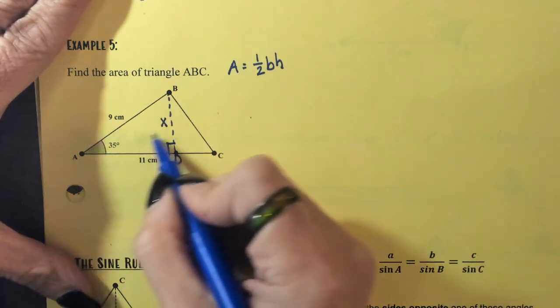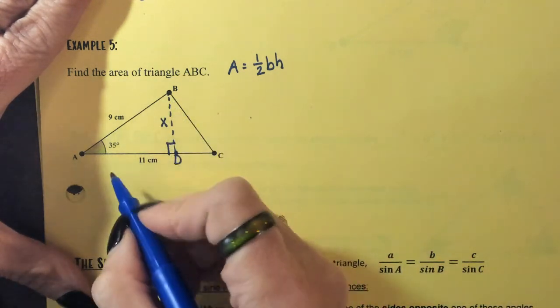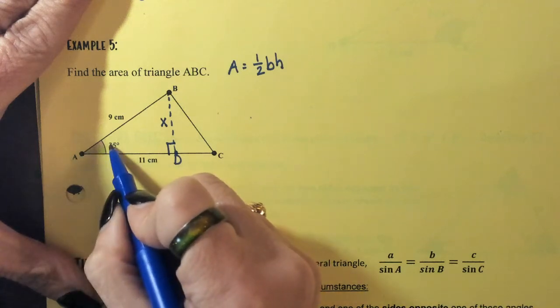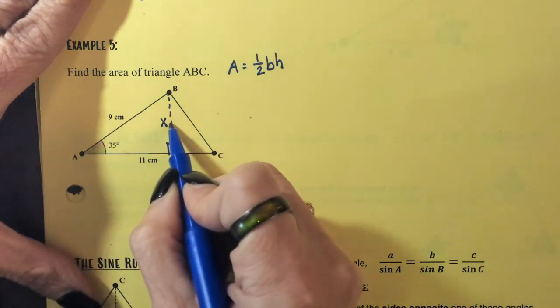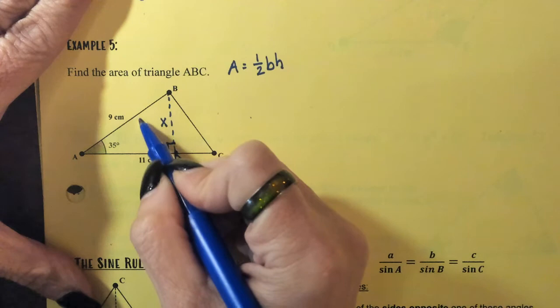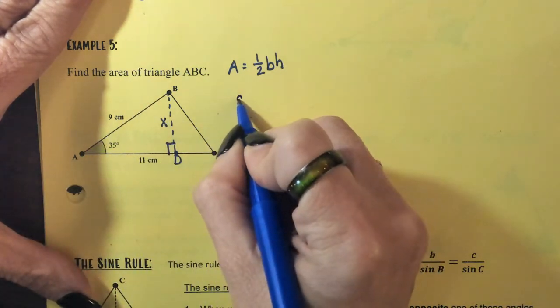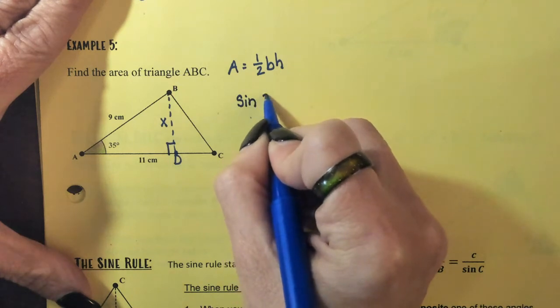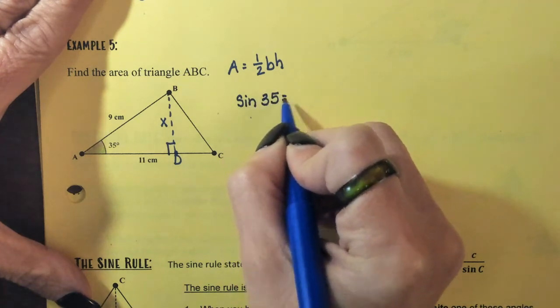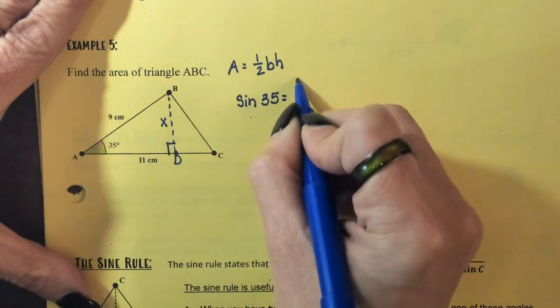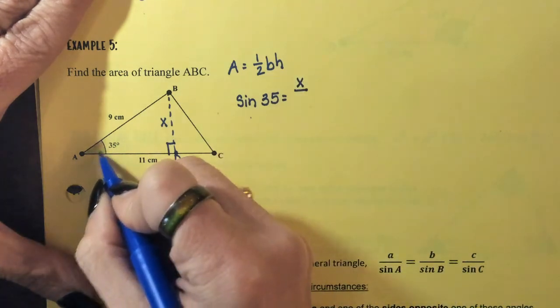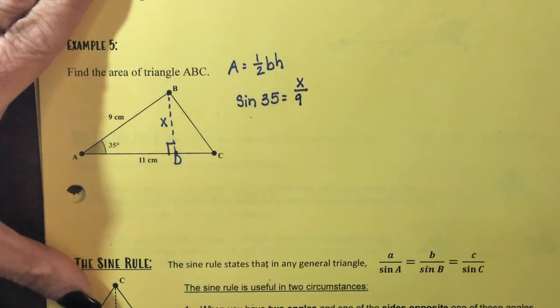And could I figure out the length of X? Well, let's see. 35 I know the opposite, and wouldn't 9 be the hypotenuse? So could I say that the sine of 35 degrees equals the opposite, which is X, over the hypotenuse, which is 9?